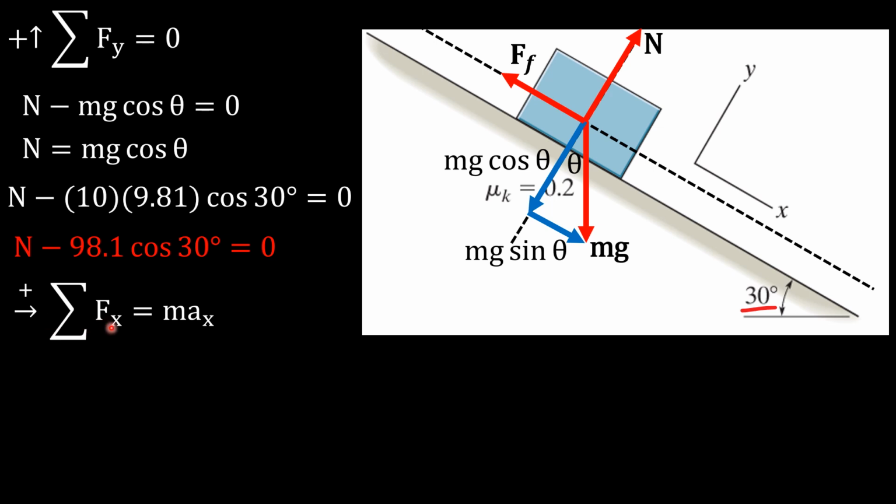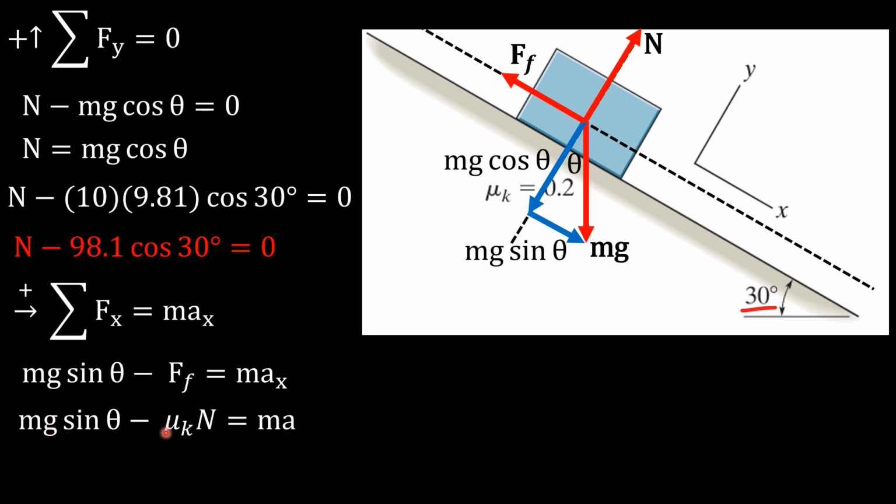The sum of the forces in the x direction, going right is positive, equals mass times acceleration in the x direction. So the first one here is mass times gravity sine theta, and the force of friction. The force of friction is mu k times n, equal to mass times acceleration.